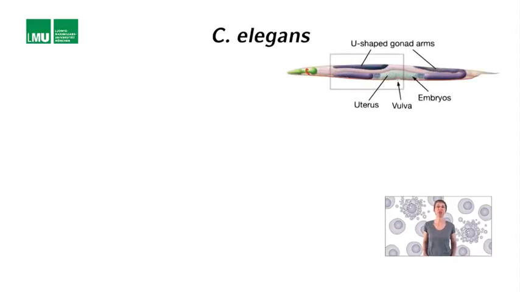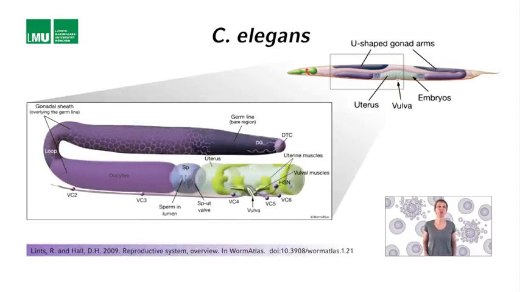Specifically, during late larval development, the germline of hermaphrodites, which is composed of 2 U-shaped gonadal arms, produces sperm, about 300. These sperm are then kept in 2 pockets called spermatheca, here at the end of each of the gonadal arms.